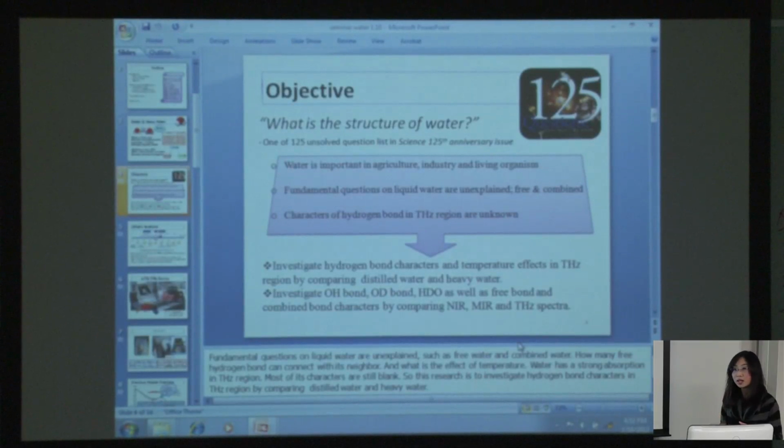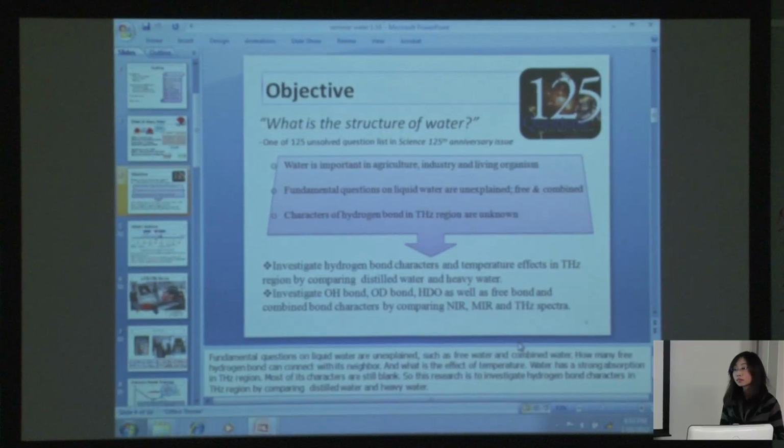We repeat again and again until we get very good repeatability, and we can say this basic data can be used for any other research. Water is also in industry; if you want to use some terahertz monitor to monitor some industry process, you must know the basic spectrum or basic characters of water in terahertz region.